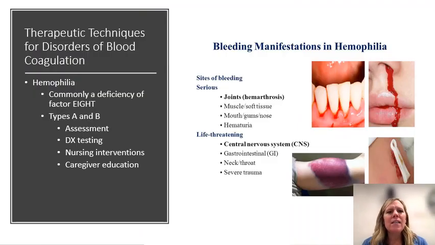All right, hemophilia, common blood coagulation disorder. It's commonly a deficiency of the factor VIII. Remember, we talked about all the factors in the clotting cascade. Hemophilia is a deficiency of that factor VIII, which is the substance that's produced in the liver that assists with the thromboplastin formation in our blood coagulation.